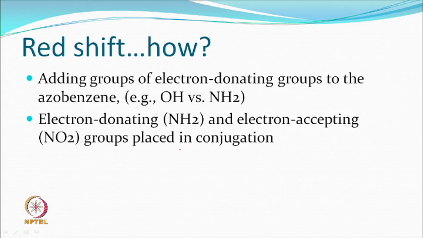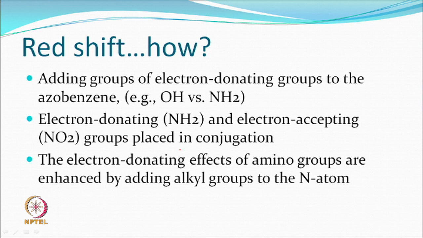If you also have a possibility in a molecule that there is an electron donating group like an NH2, and an electron accepting group like NO2, again placed in a manner that they have become part of some conjugation. So, like one is trying to take, the other is ready to give. If this happens in a conjugated area, then also it helps.